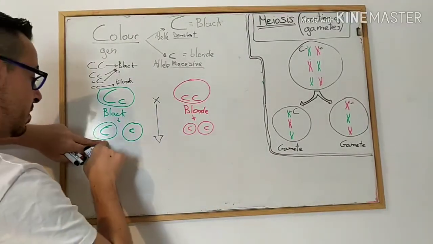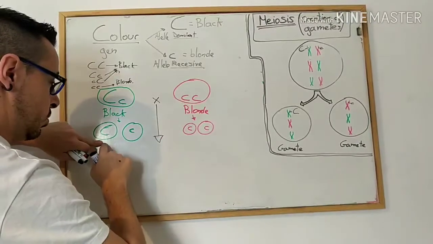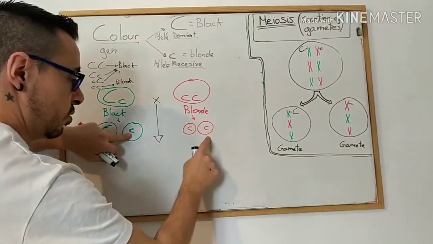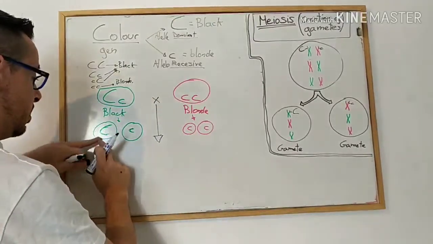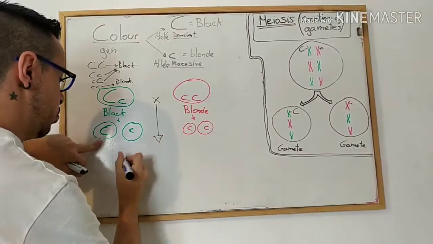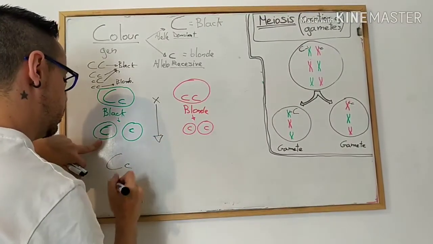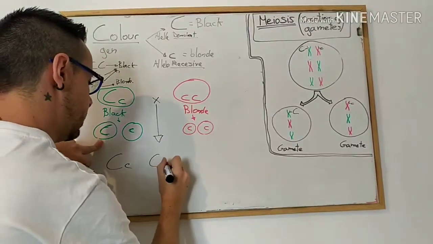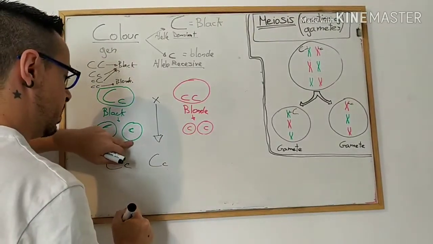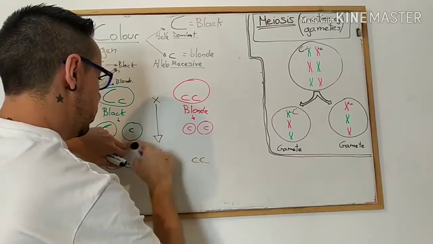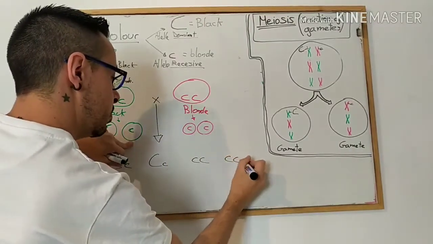So I'm going to mix this one with this one, this one with this one, and then this one with this, and this with this one. Okay? So this with this, I'm going to write it in black. This one with this one is going to be capital, small. This one and this one is going to be capital, small. And now this with this is going to be small, small, and small, small.